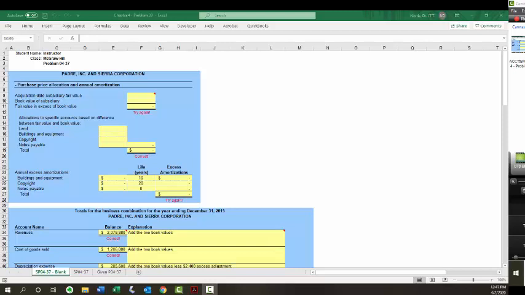Okay, the next problem I'm going to do begins on page 203. It's problem number 39. Padre Inc. buys 80% of the outstanding common stock of Sierra Corporation on January 1, 2018 for $802,720 in cash.